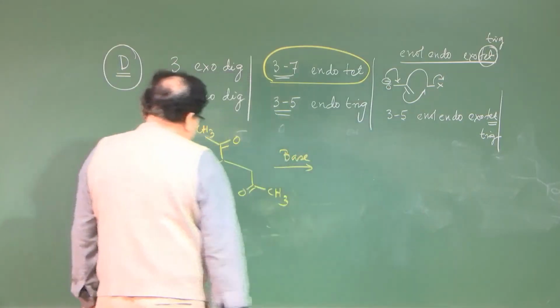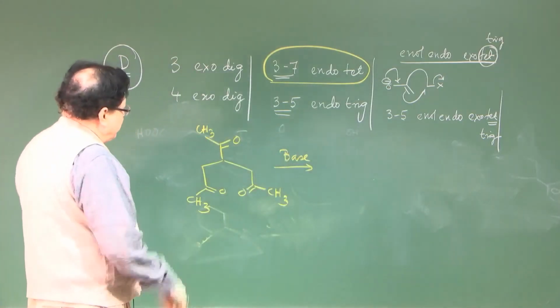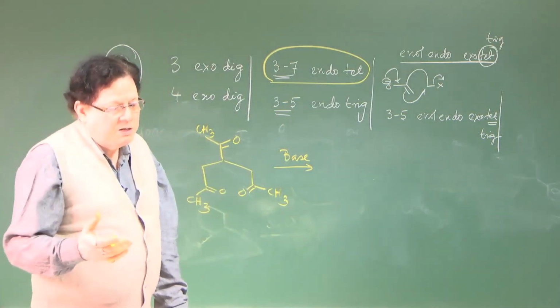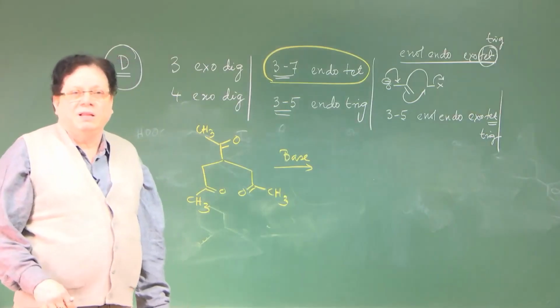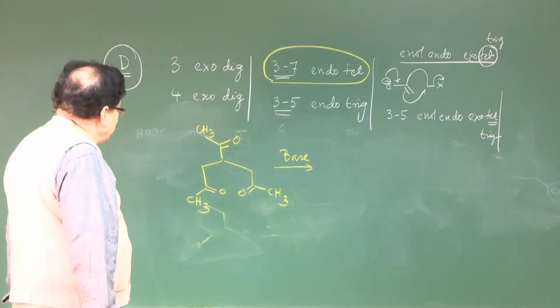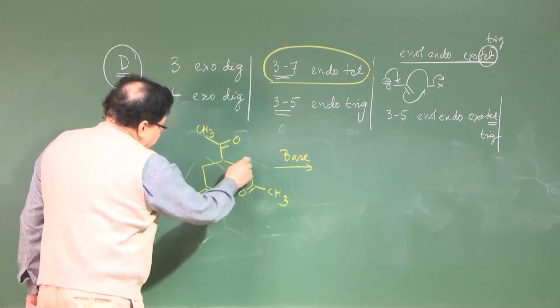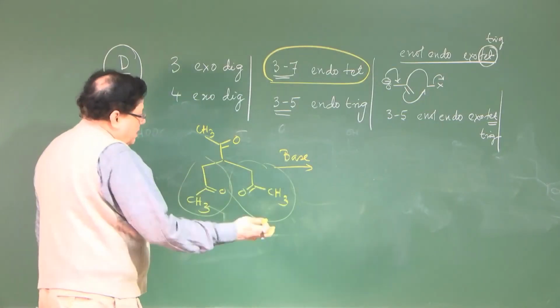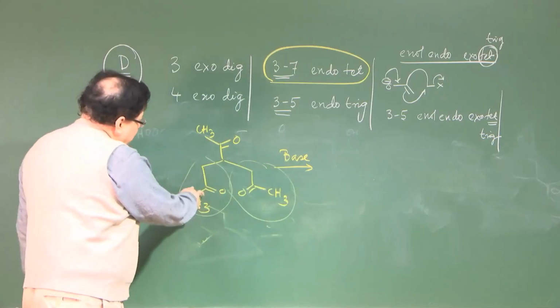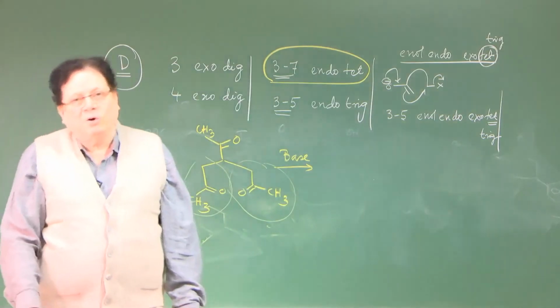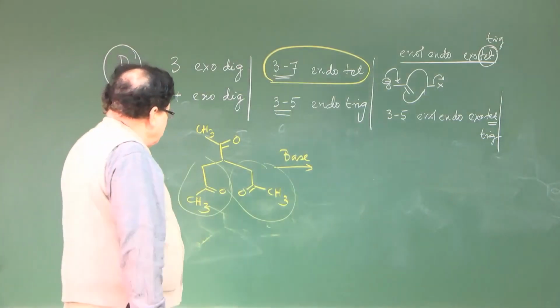Okay. Now, because there are so many carbonyls, there is the possibility of different enolates and different types of cyclization. Okay. So, which product will be formed? Now, let us see, these two hands are basically the same. So, you can form the enolate of one hand and the enolate attacking the carbonyl of the other. This is nothing but the aldol condensation, intramolecular aldol condensation.